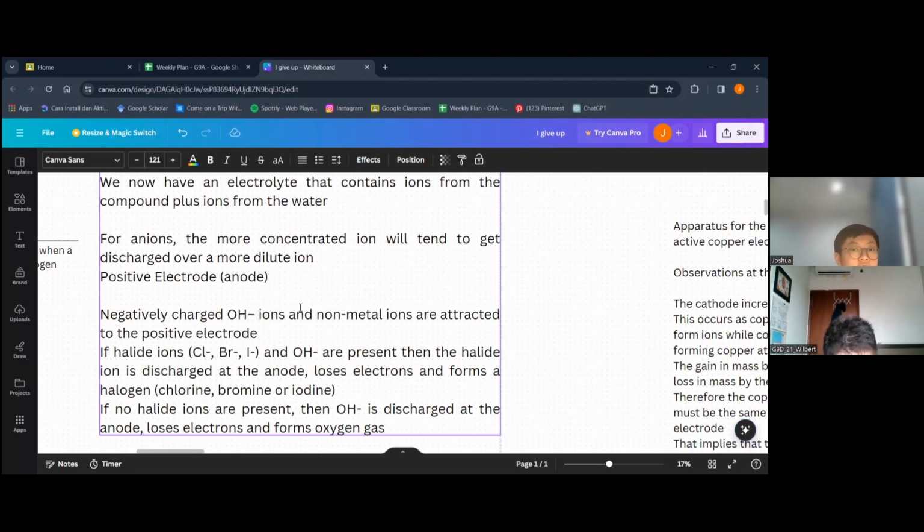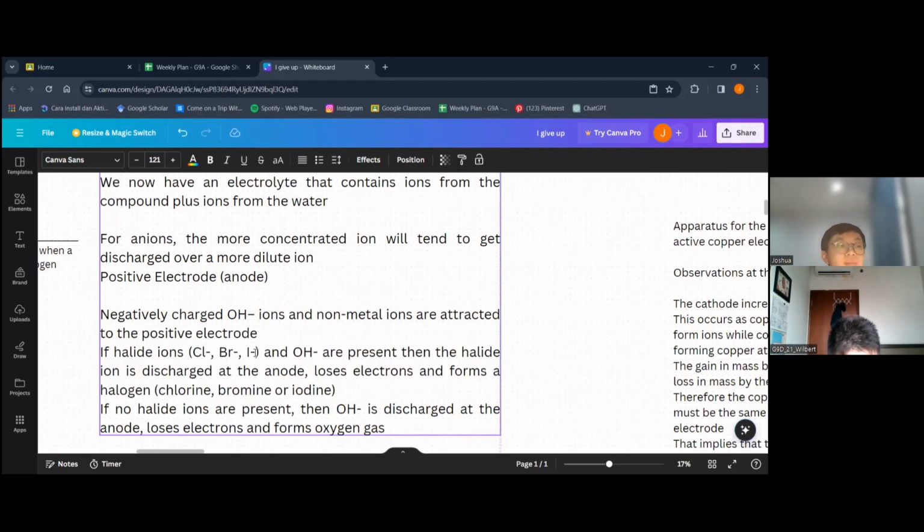So negatively charged OH- ions and non-metal ions are attracted to the positive electrode, the anode. But if halide ions, halide referring to halogens or group 7, like chlorine, bromine, iodine, and OH- are present, it will be the halides or the group 7s.